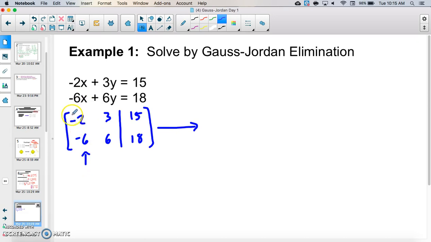So if I multiply row 1 by a negative 3 and then add it, that's going to give me a 0 in the spot. So the step I'm going to do is row 2 plus negative 3 times row 1. And when I do that, row 1 stays the same.